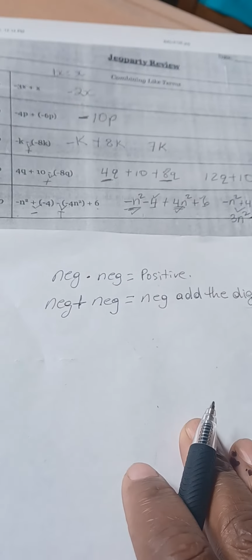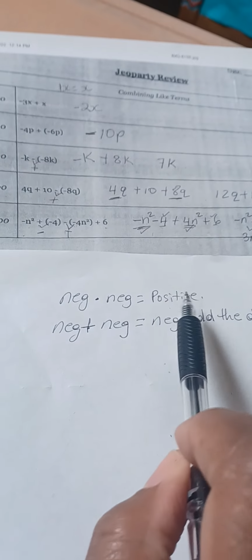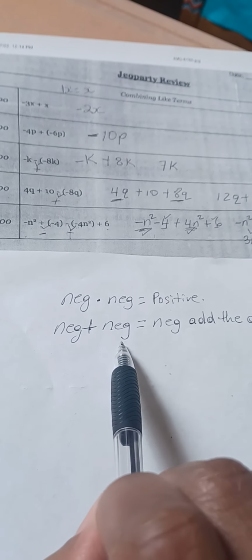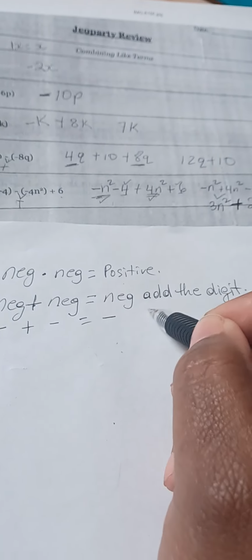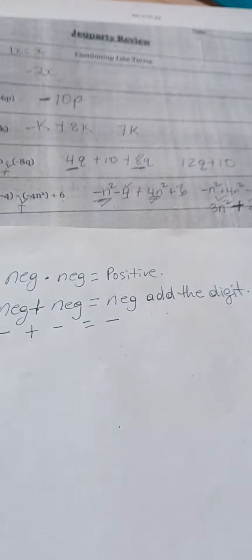So a negative multiplied by a negative is a positive, and a negative plus a negative is equal to a negative, and add the digit. If you don't understand what this means, when you have a minus plus a minus, it's going to be equal to a minus, and whatever the digit is, then you add the digit.